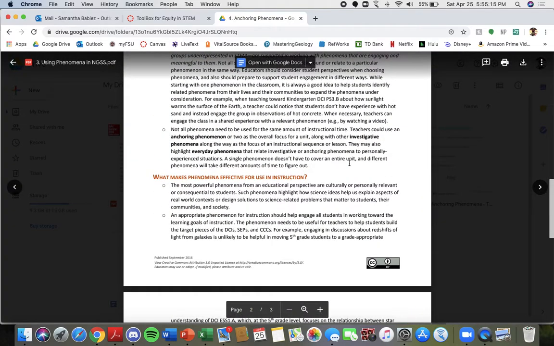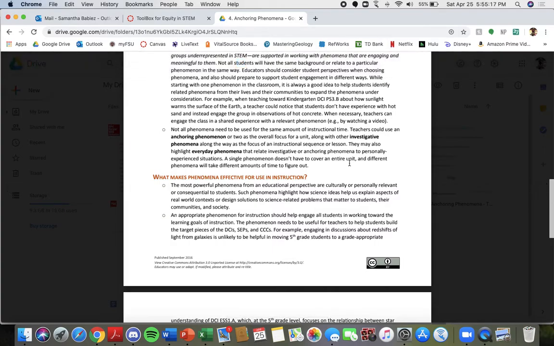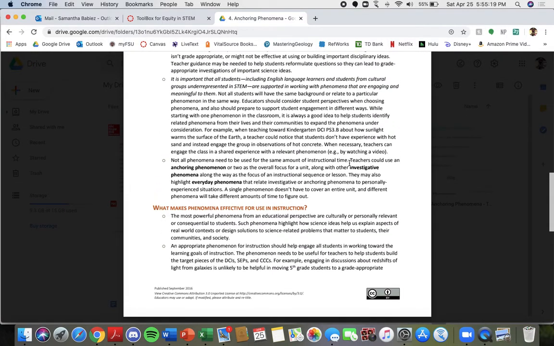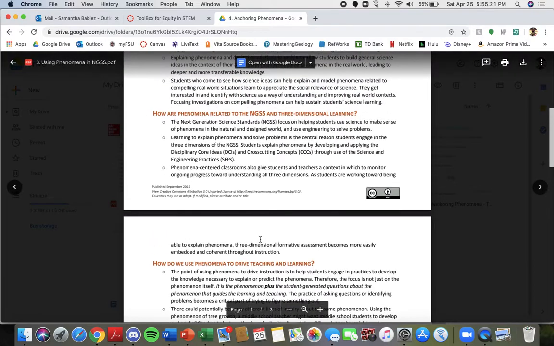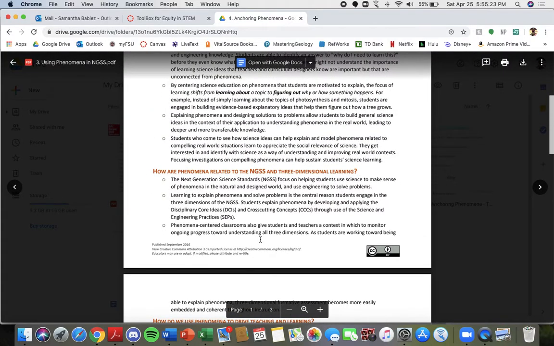I just felt this was more appropriate. So this just continues to talk about how phenomena is effective and how it drives teaching, and it really builds the three-dimensional learning with the cross-cutting concepts and the practices and the big ideas.